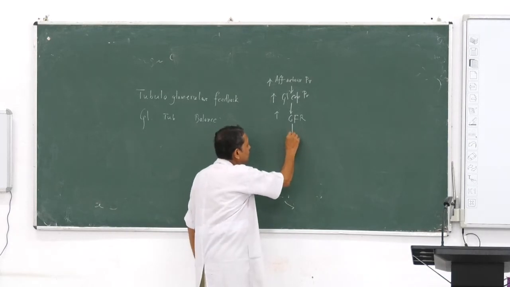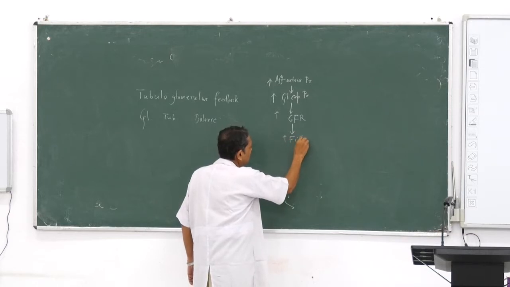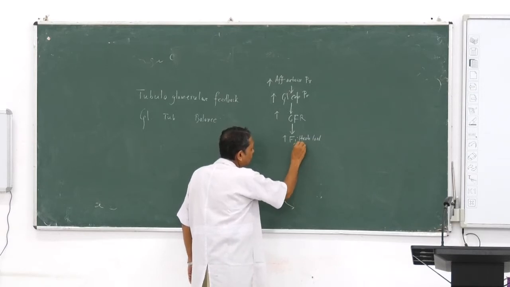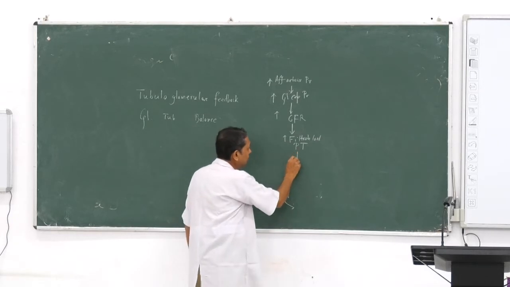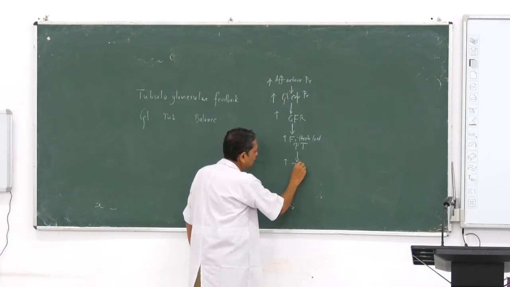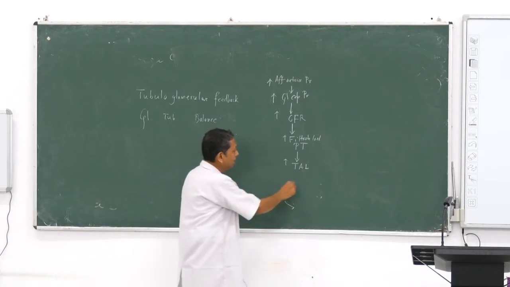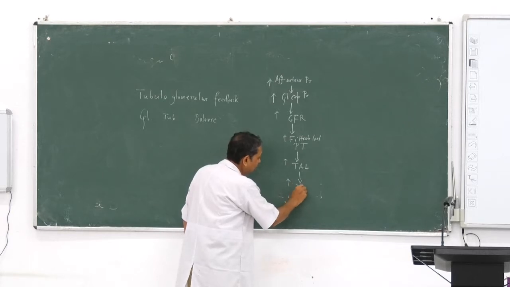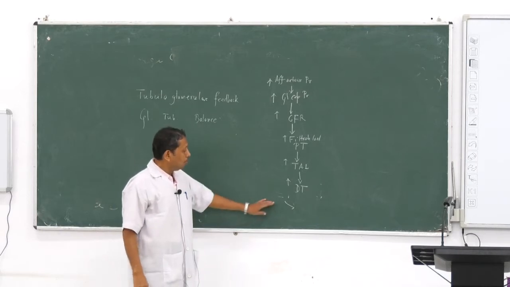So then there is an increase in the filtrate load of sodium in the proximal convoluted tubule, and then there is relatively increased flow in the thick ascending limb of the loop of Henle, and then an increase in the distal tubule filtrate load.